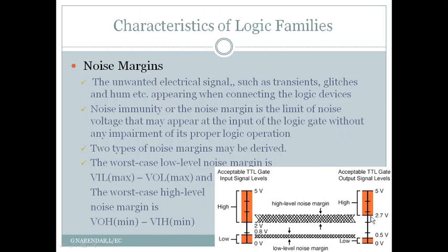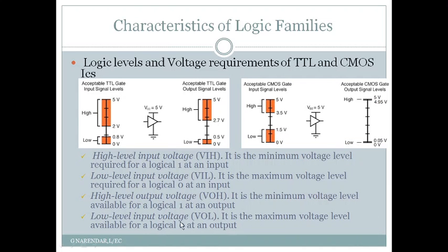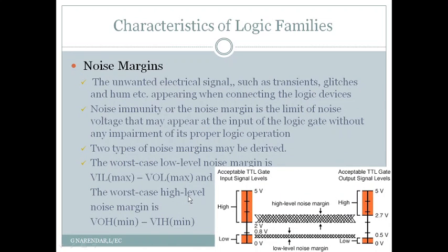And you can see from the previous slide, this is the high level output voltage and this is the high level input voltage, and at high level the noise margin is defined as VOH minus VIH. So the worst case high level noise margin is VOH minus VIH.